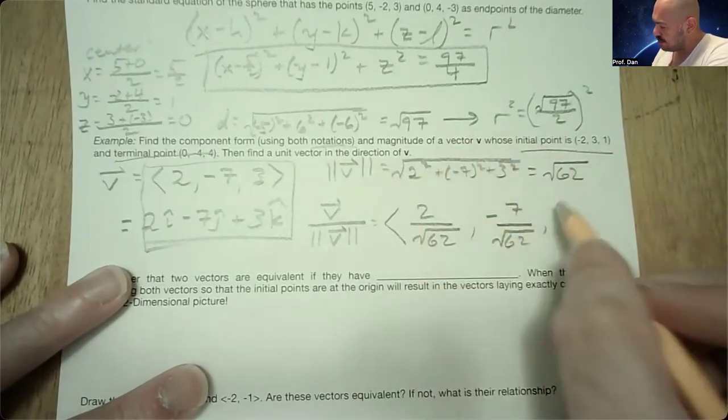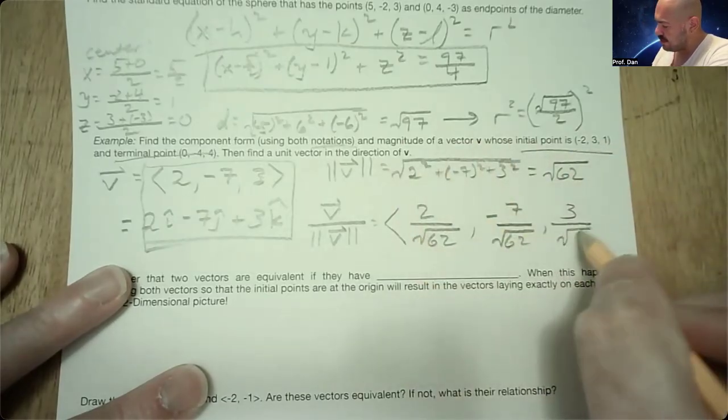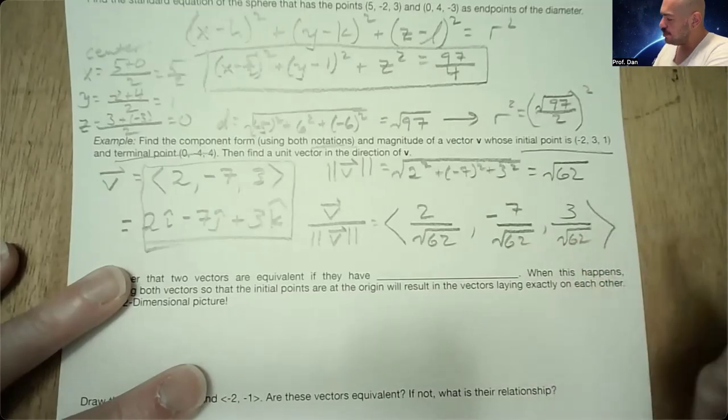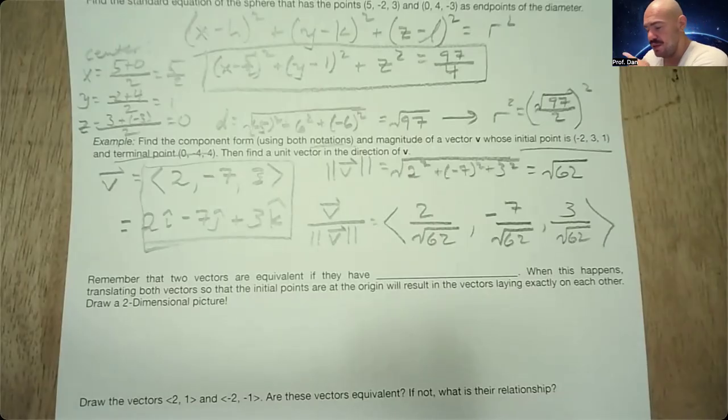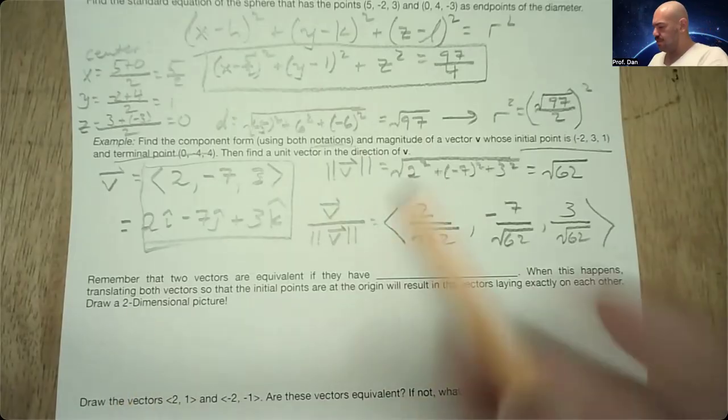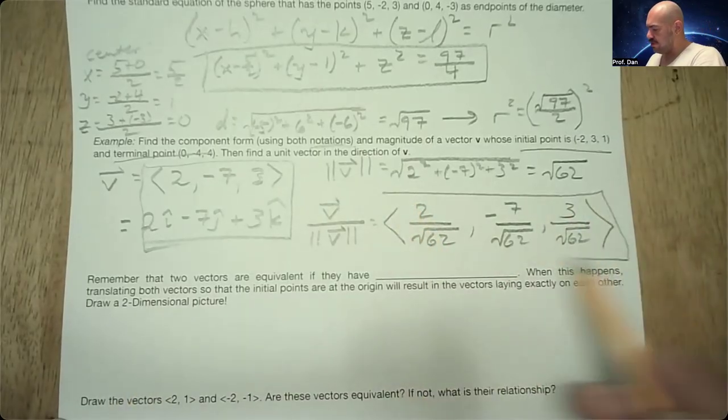And z component, we have 3 divided by the magnitude. And if you really, really wanted to, you could square each of these components, add them together, square root the total, and that should be 1 if this is a unit vector. All right. So this would be our answer for that one.